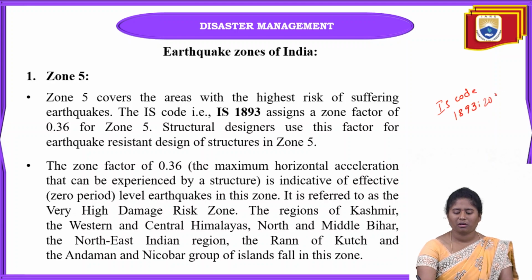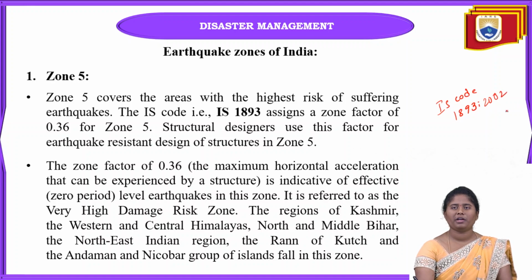Years will change; if we take the 2022 version, in that code it assigns a zone factor of 0.36 for zone 5. In zone 5, its value from the code book is 0.36.